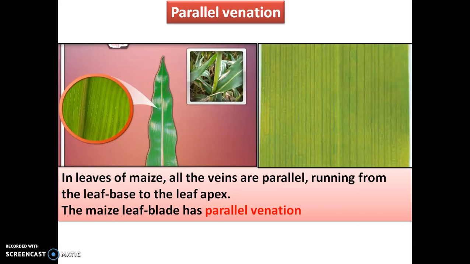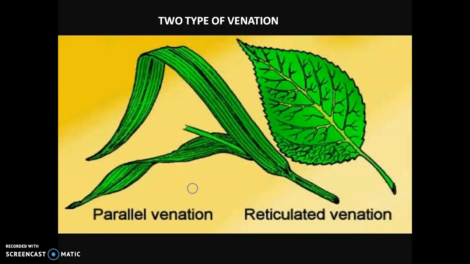So this type of venation is called parallel venation. The maize leaf blade has a parallel venation. So we studied the two types of venation. The first one is reticulate venation, where we have a network of veins, whereas the second is parallel venation. It is very clearly observed in the diagram how we can differentiate between these two types. I hope this is very clear to you.